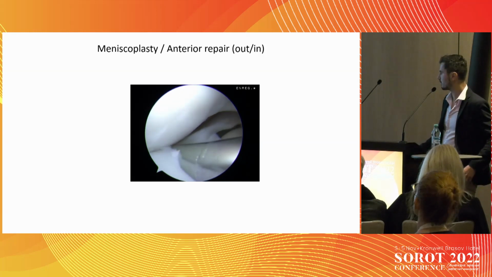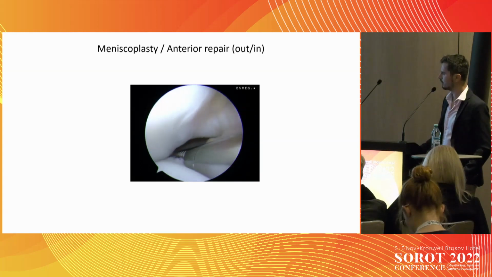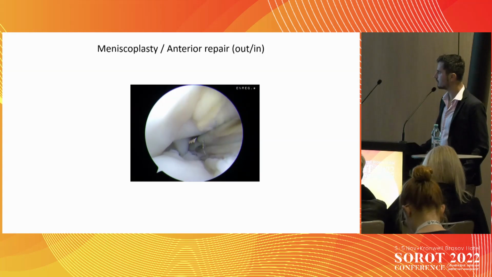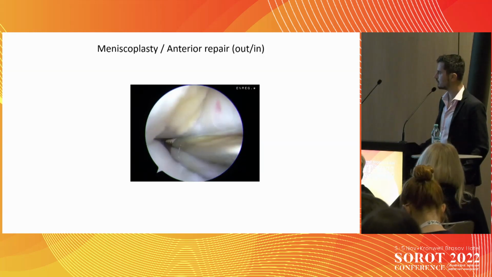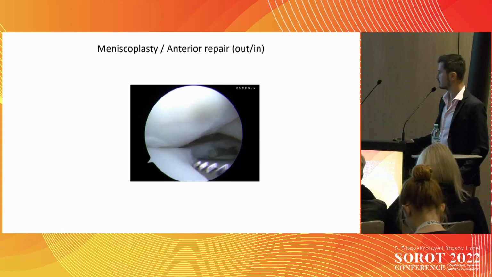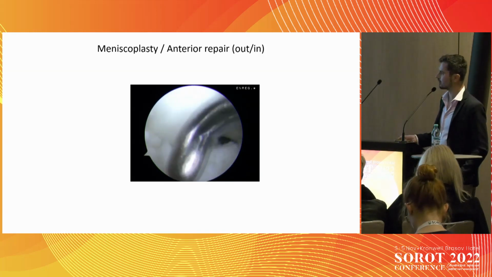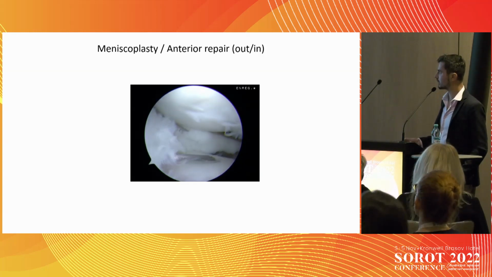We use a shaver for the healing, to stimulate the vascularization also. And you have the condyles on the meniscus here, okay. And we are on the posterior compartment, it's the anterior compartment here. Okay, we do the suture outside-in.